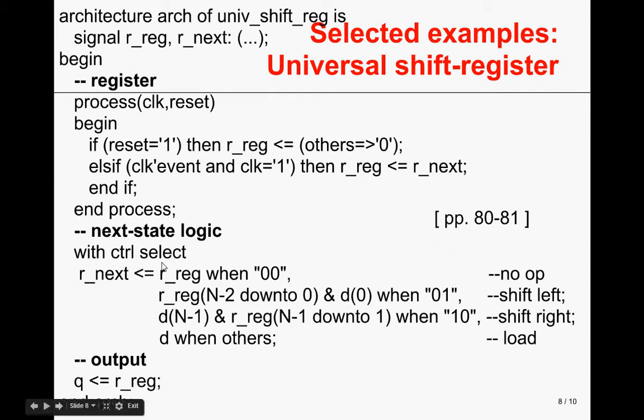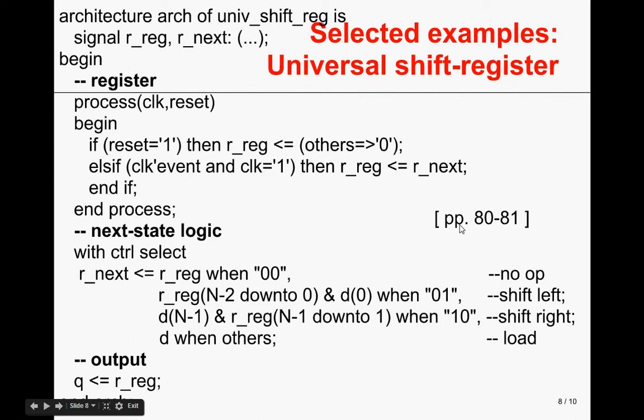What we are saying is that we have two control bits, and their role is as described here. If they are both 0, no operation takes place. If they are 0, 1, it will be shift left. 1, 0 is for shift right, and 1, 1 will represent parallel load.